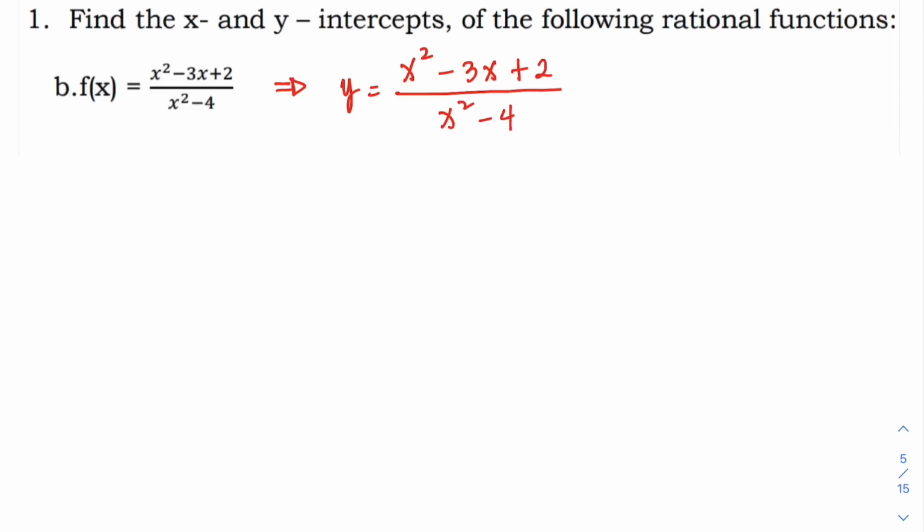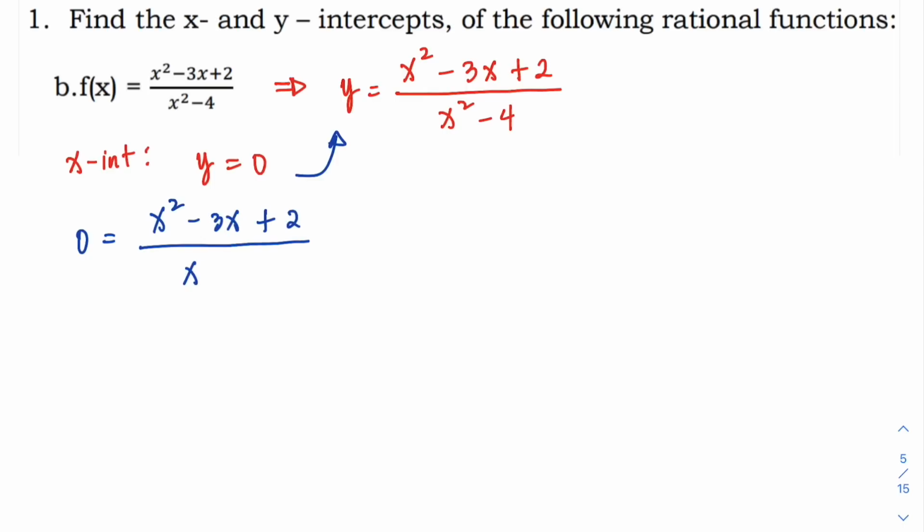Tama? So, una, solve natin yung ating x-intercept by equating y to 0. Okay, so substitute natin yan dun sa ating equation. So, meron tayong 0 equals x square minus 3x plus 2 all over x square minus 4.